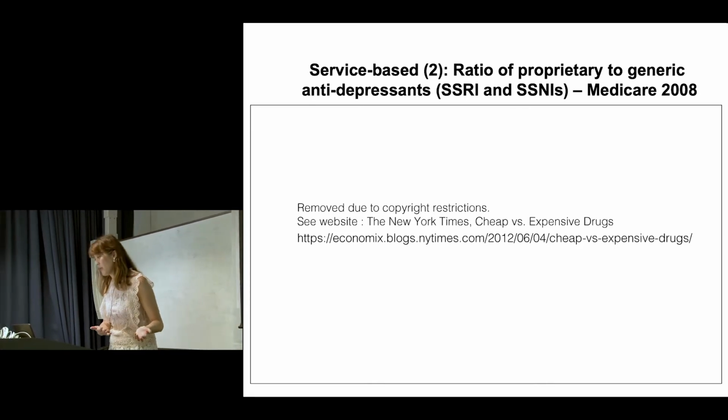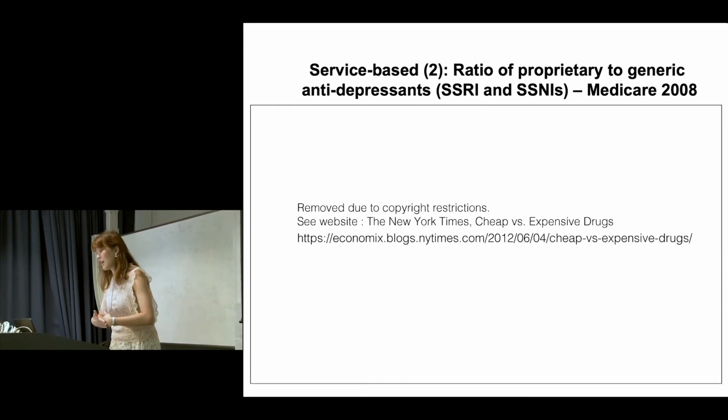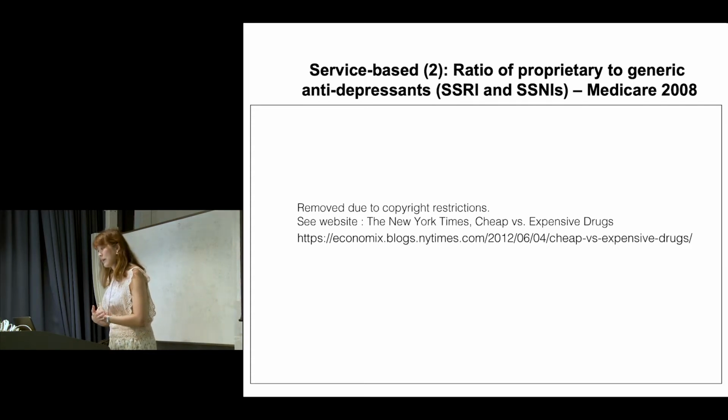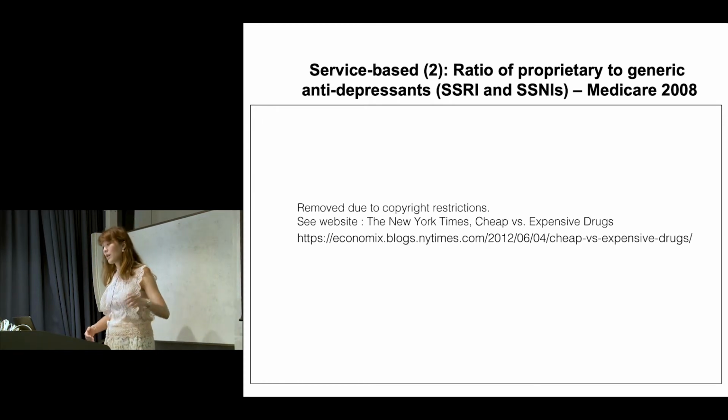You probably want people to be using a lot more generic drugs and a lot less patented expensive drugs. But we can see how there's a lot less use of generic medicines in the South of the US. So what's going on there?